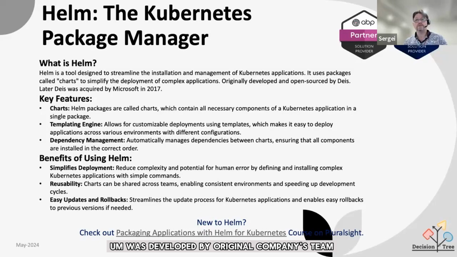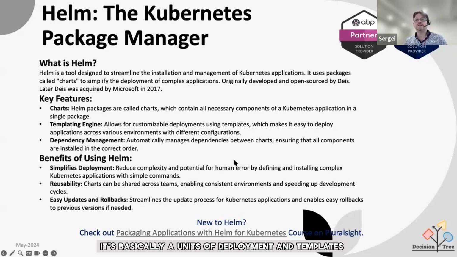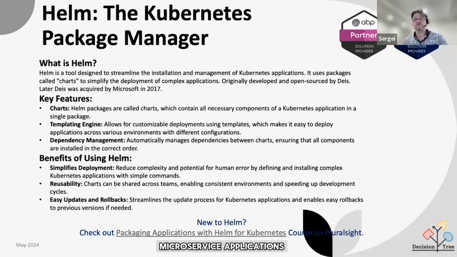It was developed by the original Kubernetes team, and the key feature of Helm is the notion of charts. These are basically units of deployment, and templates, and the management of dependencies. So essentially, you can deploy multi-service applications, microservice applications, as well as monolithic applications using Kubernetes and Helm, and very quickly your DevOps team will feel the benefits of how simple that is.